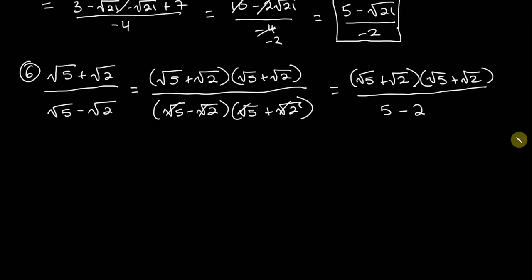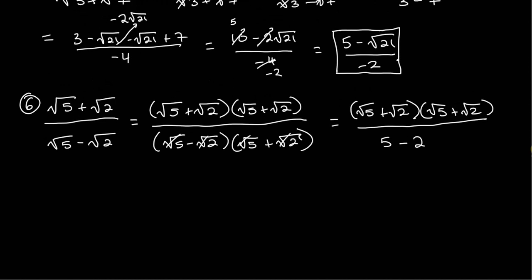And then for the top, the numerator, we can just again use the distributive property. We can simplify this further, or if you would like, you can think of the FOIL method, like so. Okay, so root 5 times root 5, that's just going to leave us with 5. Root 5 times root 2, we can just write this as root 5 root 2.